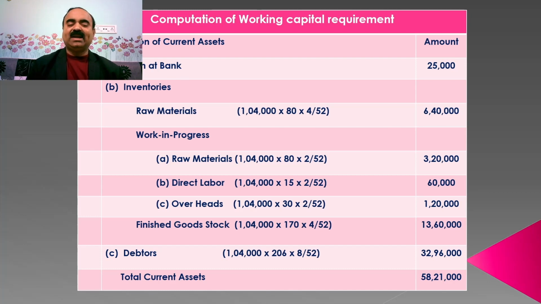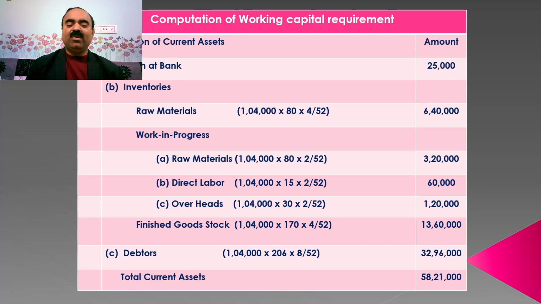In case of direct labor, we multiply 1,04,000 with 15 rupees. Here, even though per unit cost of labor is 30 rupees, we are taking only 15 rupees because conversion costs are assumed to be 50% completion stage, and multiplied this amount with 2 by 52, and finally we got 60,000 rupees.